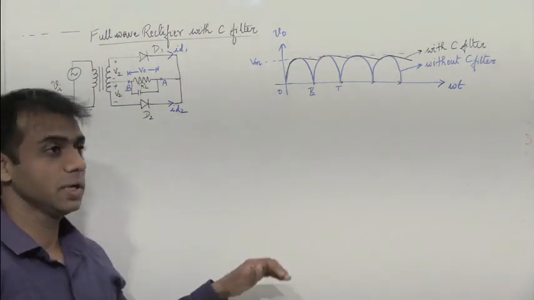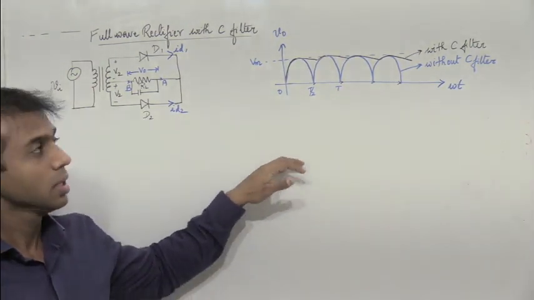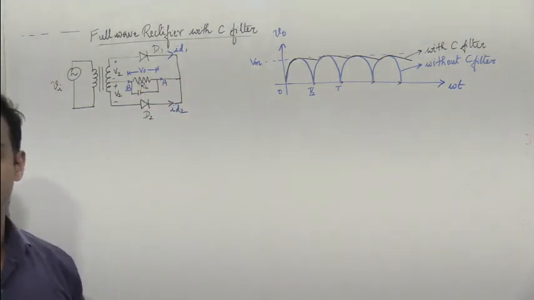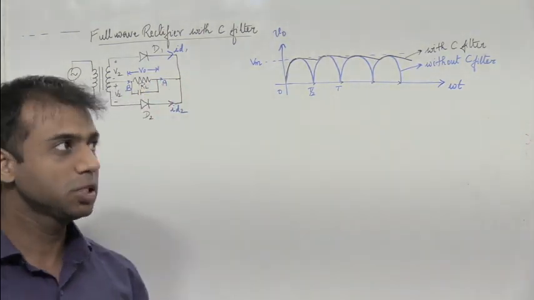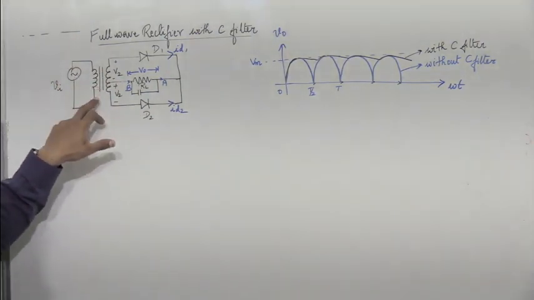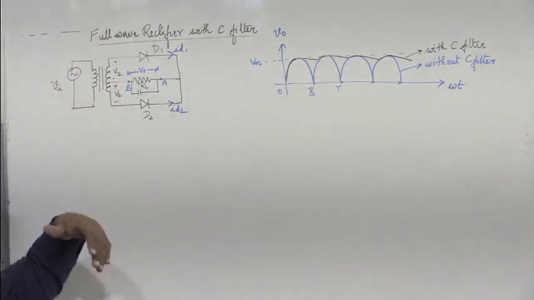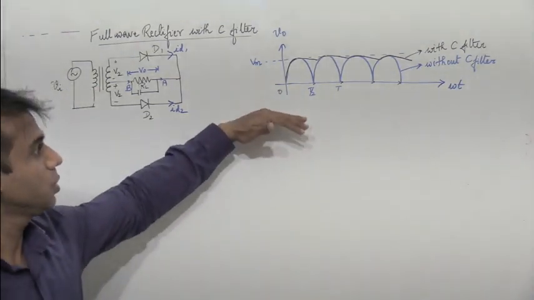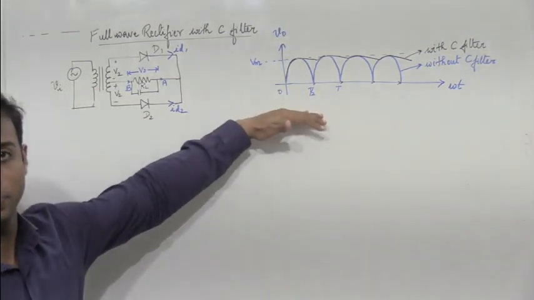So here I need to find the ripple factor gamma for a capacitor filter which is connected across the load resistance RL. Now the expression remains the same whether we use a full wave rectifier circuit with the center tap transformer or a bridge rectifier, because in both cases the output remains the same, right?